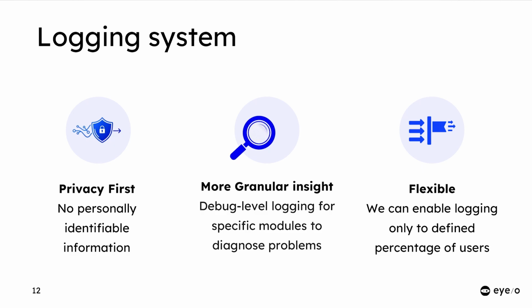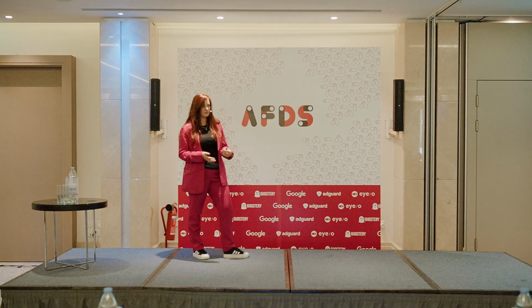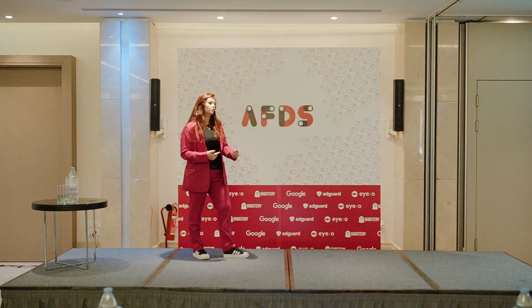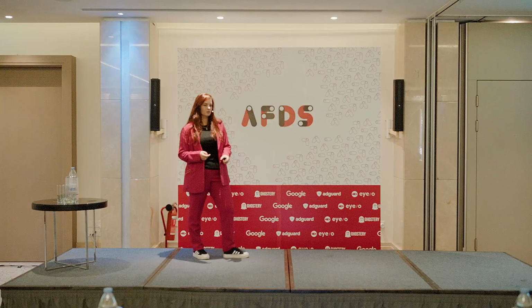We don't gather any personal information. We gather only the diagnostics of the state of the extension, and only on the module that we are interested in. And whenever we have gathered enough data to move to fixing, we just turn it off. This way we avoid collecting a massive firehose. We collect surgically selected sample data that allows us to proceed with the fix.